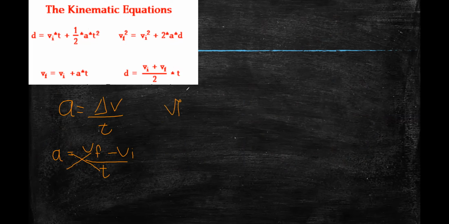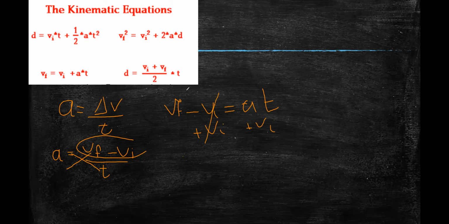You get v final minus v initial equal A times t. Is it right? Using math now, if you move this v initial to the other side, you have v final equal v initial plus A times t.